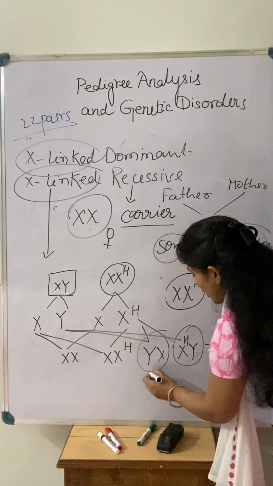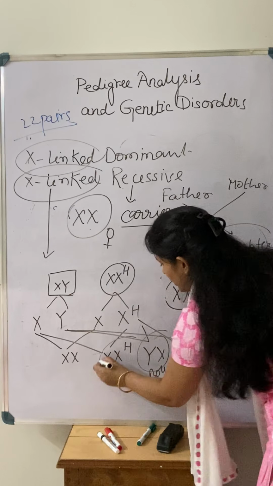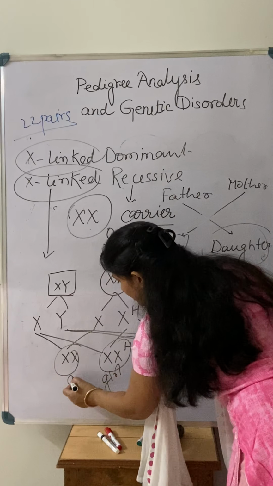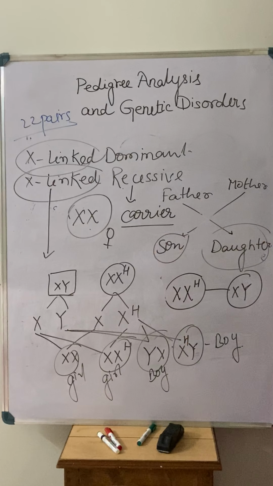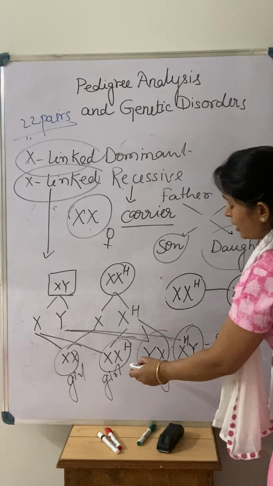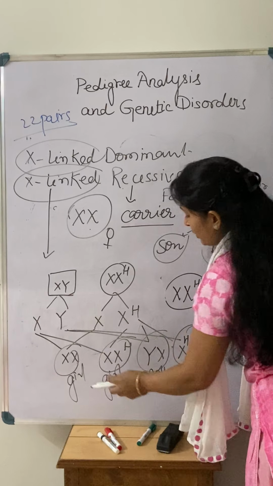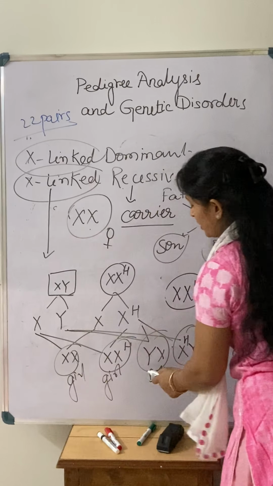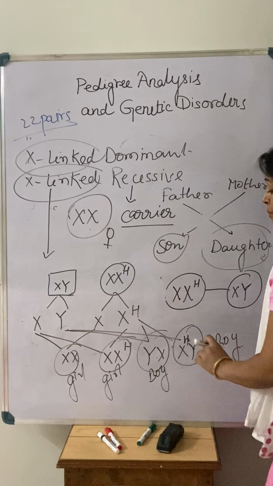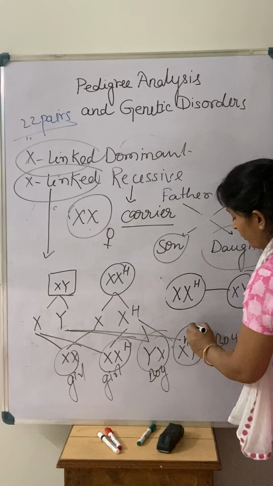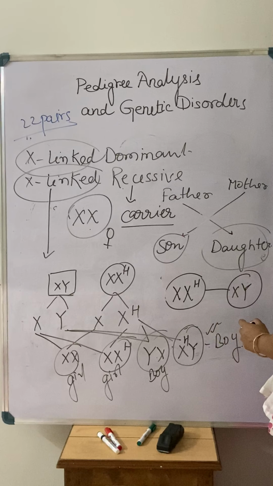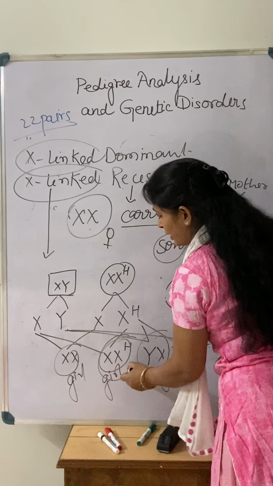This is also a boy. This is a girl, and this is also a girl, right? But when you see the genotype, what will you say? Out of 100%, 25% girls are healthy, 25% boys are healthy, but 25% boys are infected with the disease, right? And the females are the carrier.